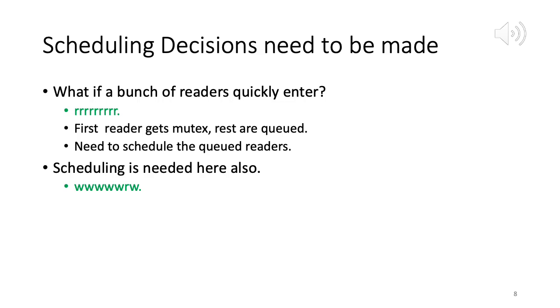Again, a scheduling decision. And the way that we have this variation of the problem is, we should give it to the reader, and then to all the writers, maybe on a first come first serve basis. If we had multiple readers and multiple writers all waiting, then readers get higher priority, and among the readers we can go first come first serve, and then writers again first come first serve.